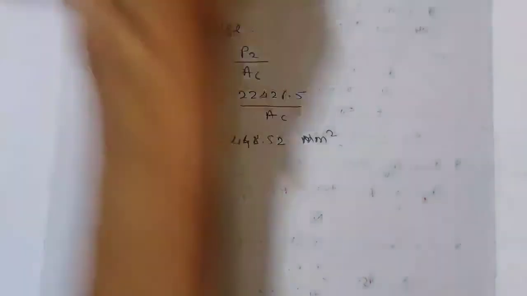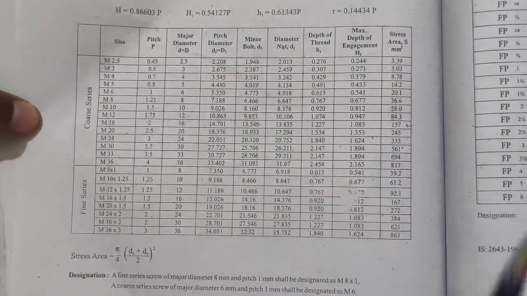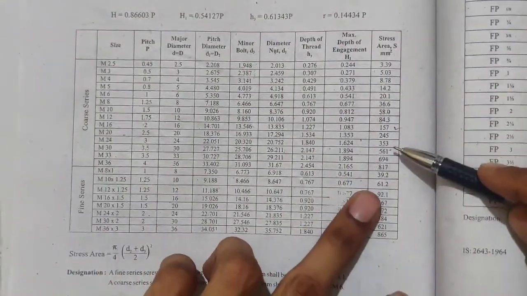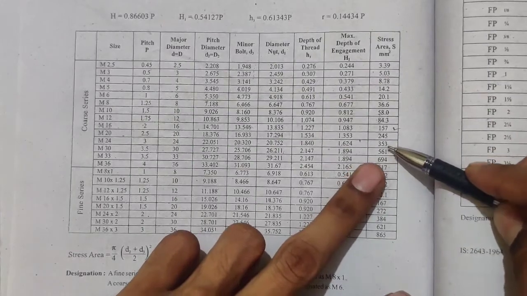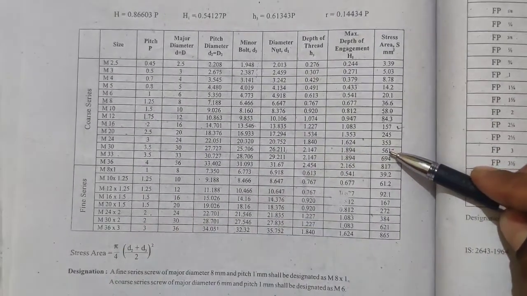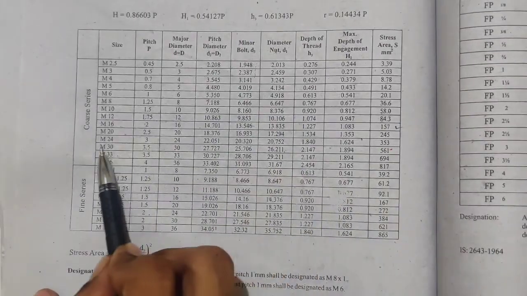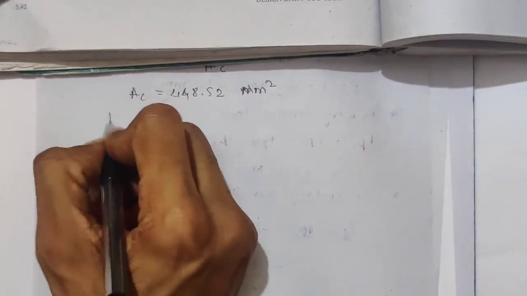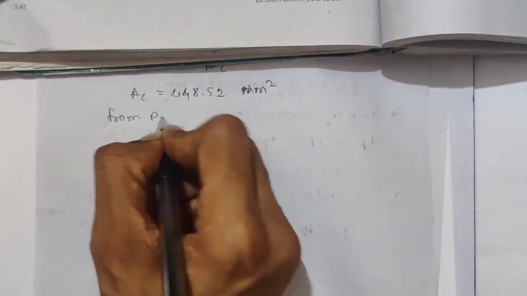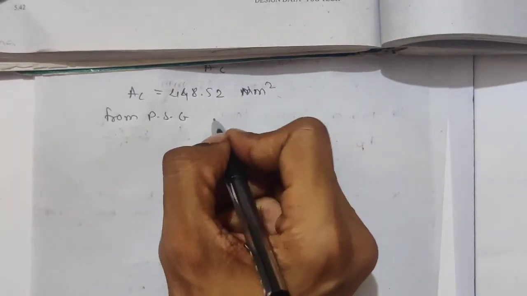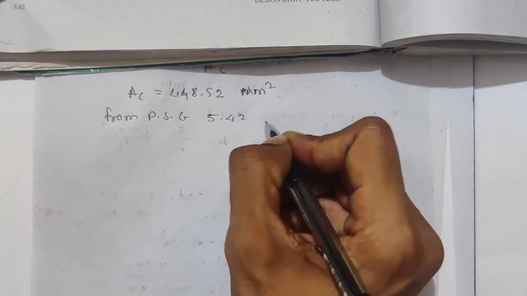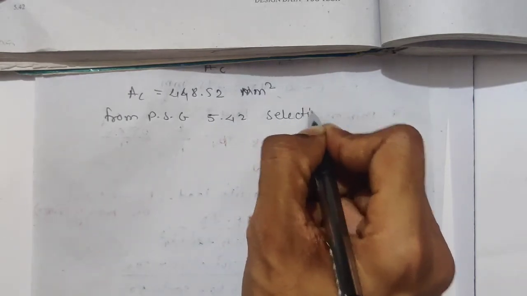Now you have an area of 448.52, so go to the PSG and find the area. It is in between 353 and 561. So you will select the higher value, that is 561, and the bolt is M30, from PSG 5.42.